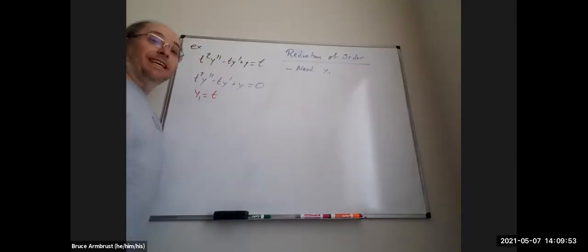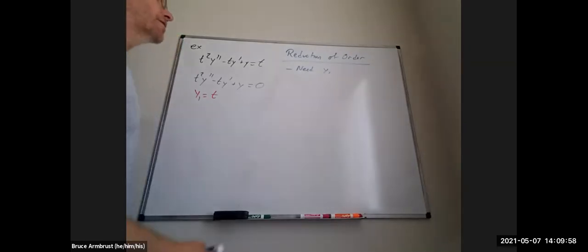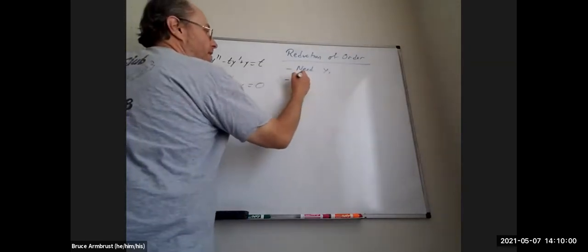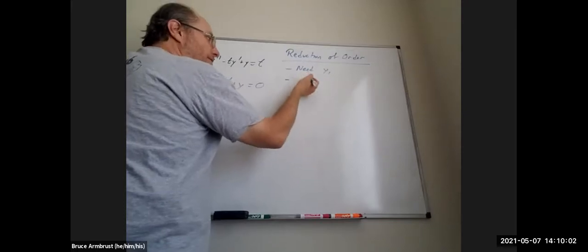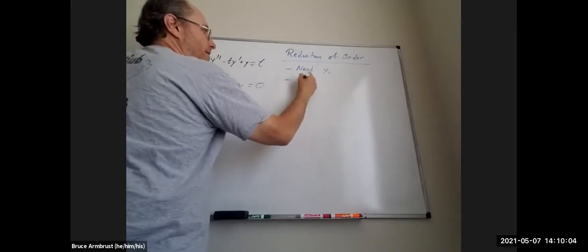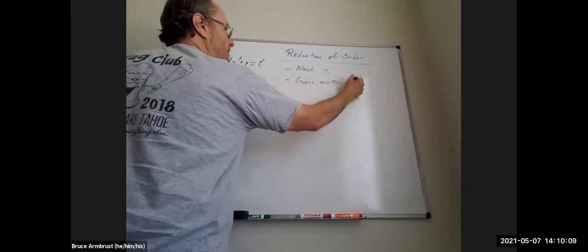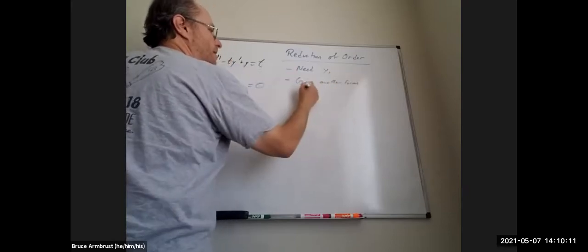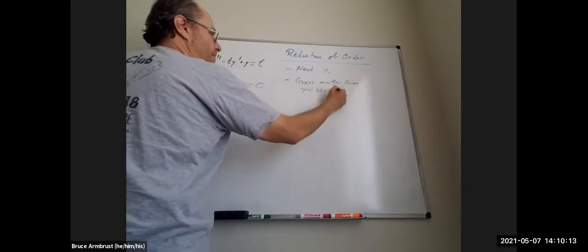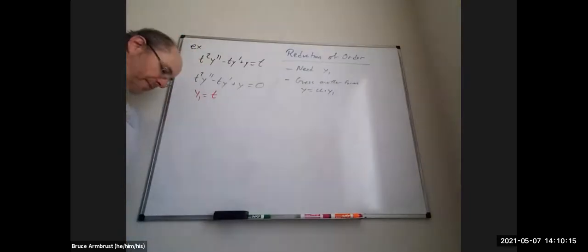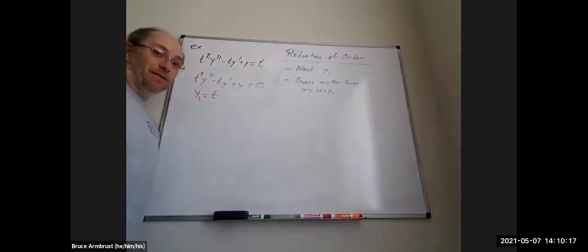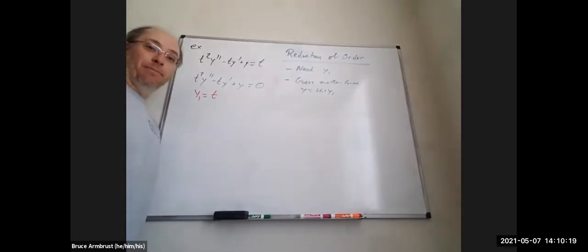If you are given it, or you can find it, the next thing you're going to do is make a guess of another form, u times y1. So it's exactly the same story that we've done a million times, where we just multiply by u.